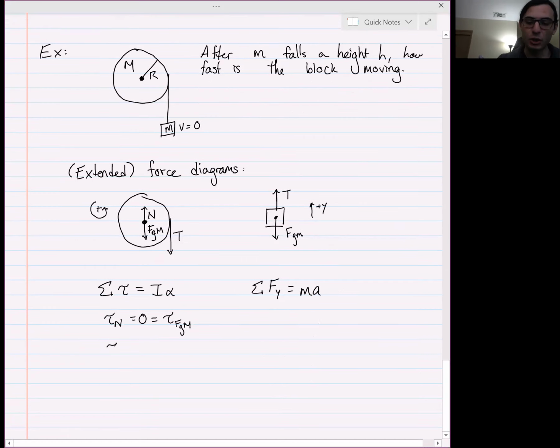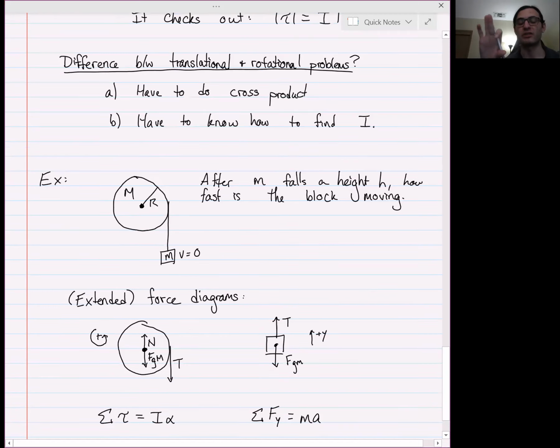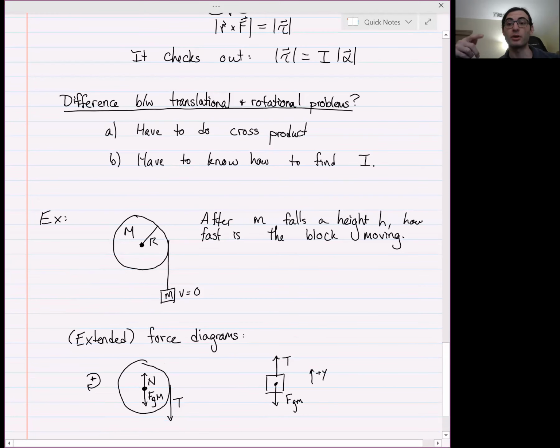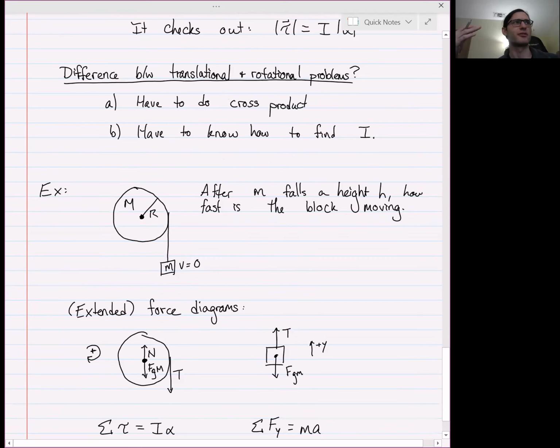However, the torque from the tension force is going to be clockwise. Actually, let me choose this direction to be positive, just so there's not an extra minus sign floating around. We know it's going to go in the clockwise direction because that's the direction it's pulling on. Hopefully you guys can have intuition for why that's the case.